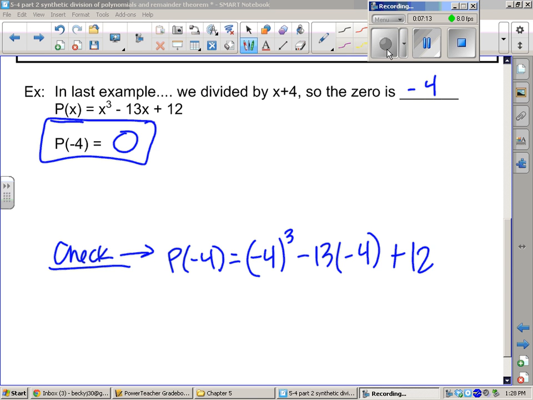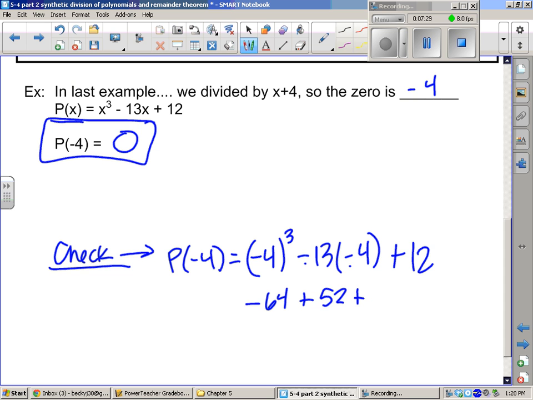Using order of operations, if we raise negative 4 to the third power, that's a negative to an odd power, so it stays negative. And 4 to the third is 64. Next, I've got a negative times a negative, that's going to turn to a positive. And 13 times 4 is 52. If I add 12 more, going from left to right, I think that is 0. And remember, that is the same thing that we got for our remainder.